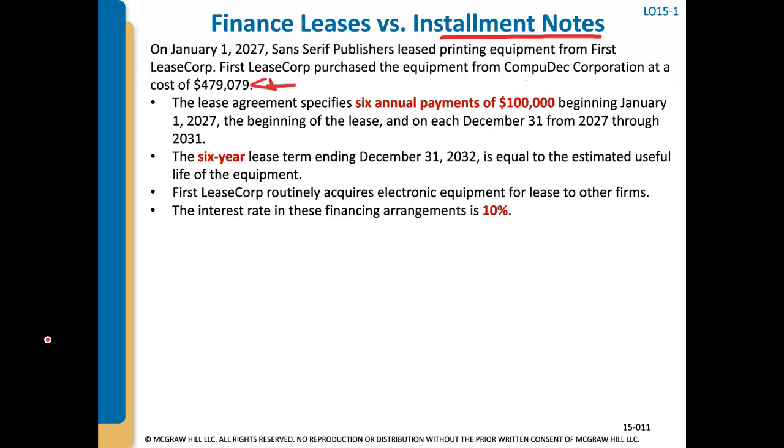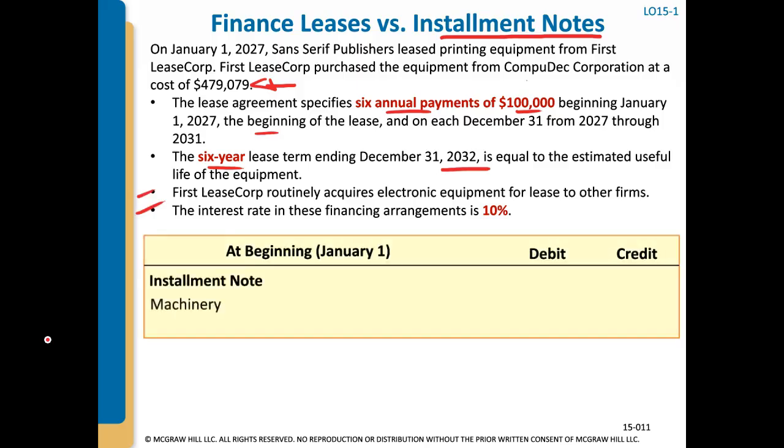The lease agreement is all the same: 6 annual payments of $100,000 beginning January 1. The 6-year lease term ends in 2032, and the estimated useful life is the same as the lease term, which means that it automatically qualifies as a finance lease. These 2 bullet points are both the same as what we just went over before.